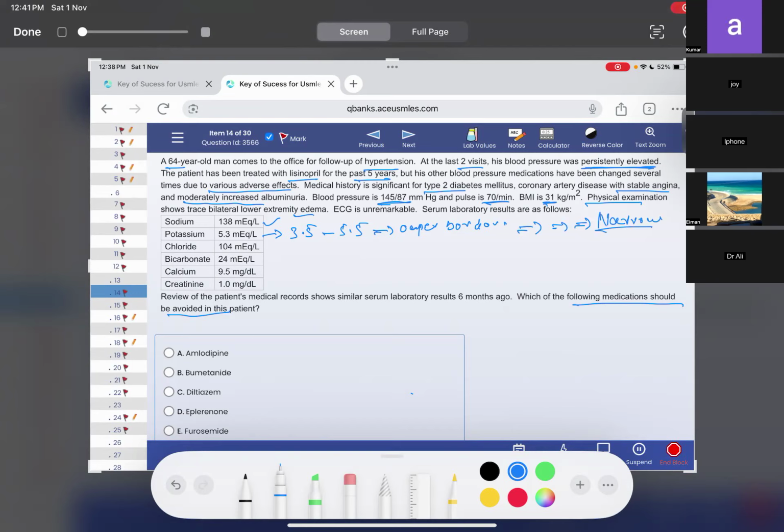A slight increase in potassium level, like 5.6 or 5.7, you should correct immediately, because it will lead to life-threatening arrhythmias.